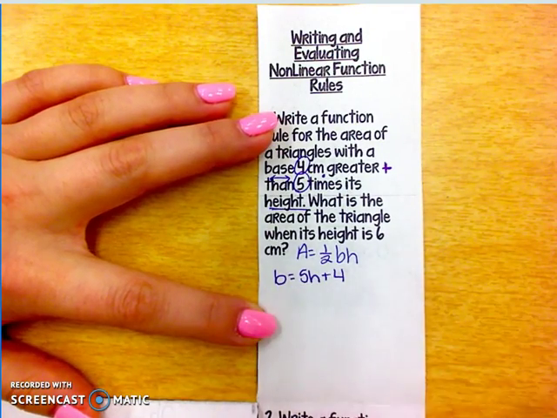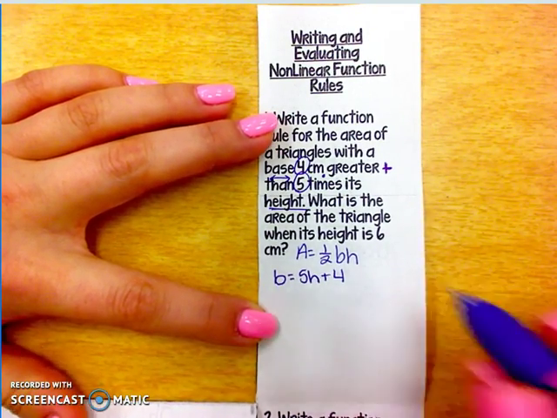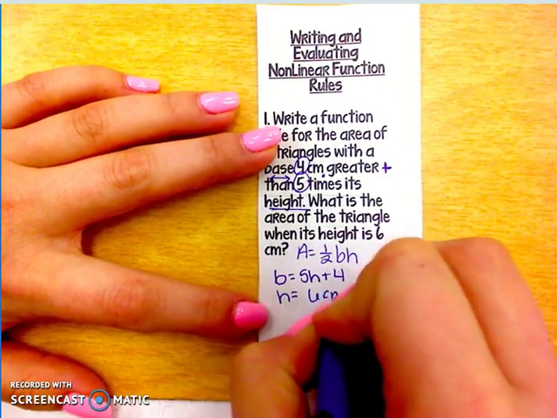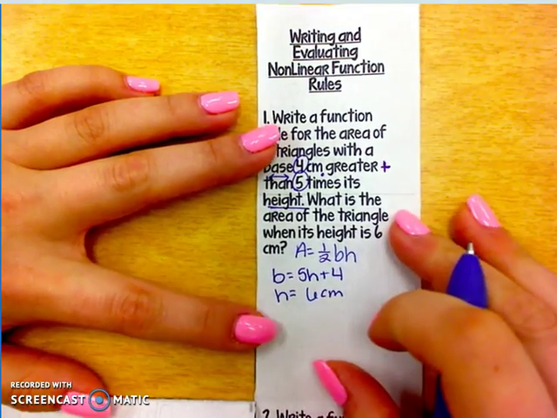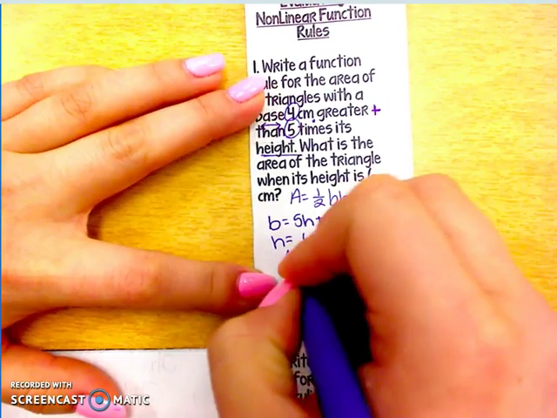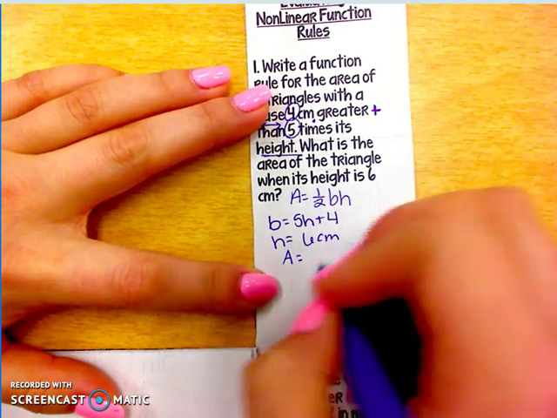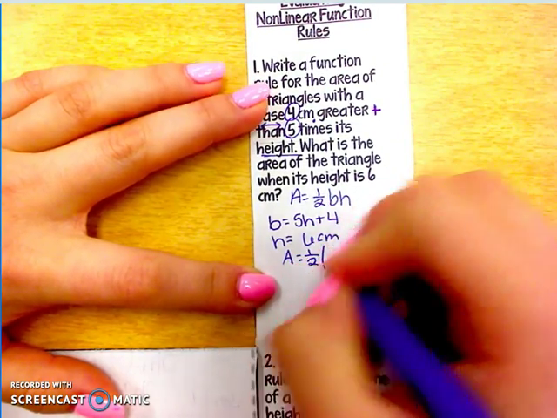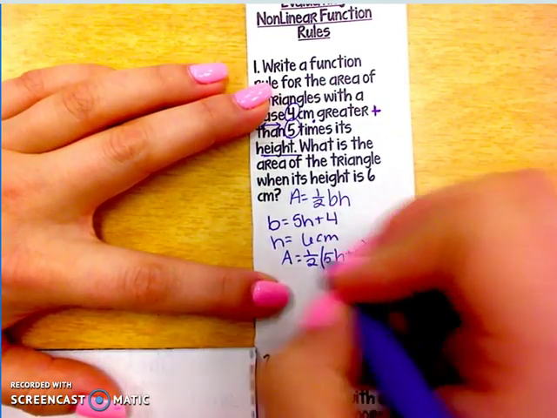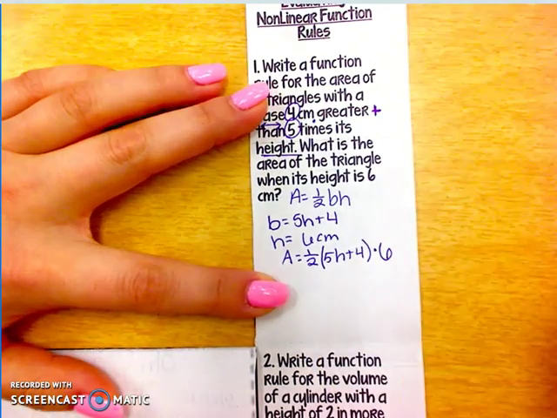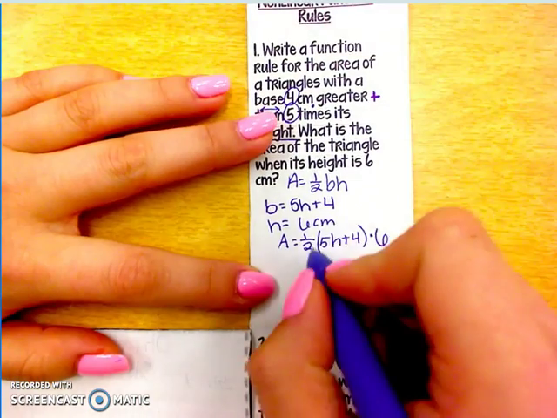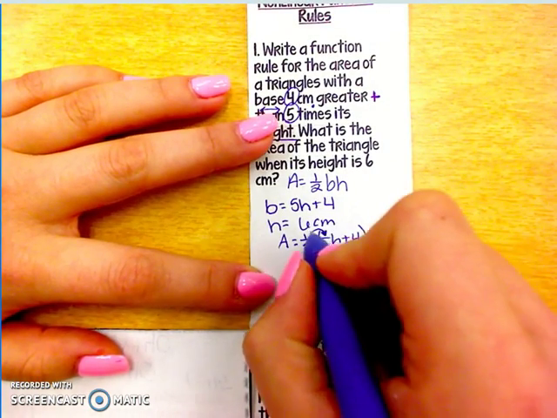Okay, so I'm going to need that part of the information. And then I'm going to multiply it by the height. The height is 6 centimeters. And then I solve for the area. So A equals 1/2, the base is 5h plus 4, also times the height of 6. So we're going to distribute this 1/2.